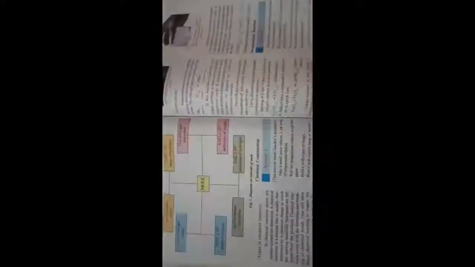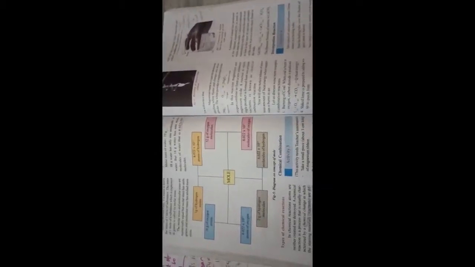Yes, children, you have this mole concept. From the previous class onwards I am explaining the structure of the atom, and I told you about the mole. Mole is the unit we are taking here.